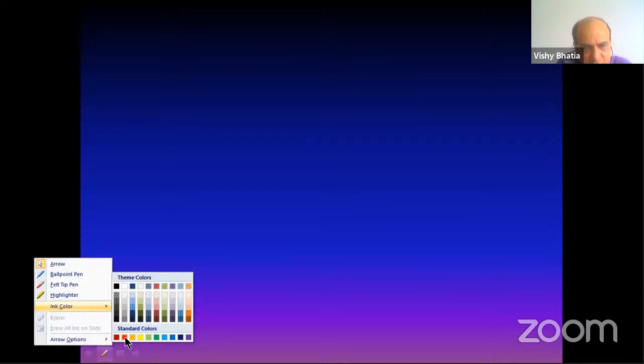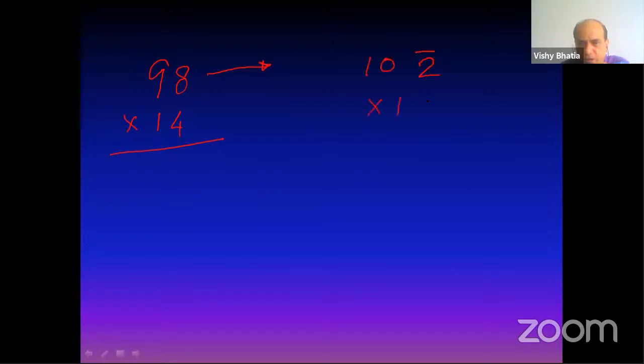Now I'll give you your answer in a slightly roundabout fashion. For example, I ask you to multiply 98 by 14. I Vinculamize this, I convert this into 102 bar, and I multiply it by 14. Is my life not a lot easier?